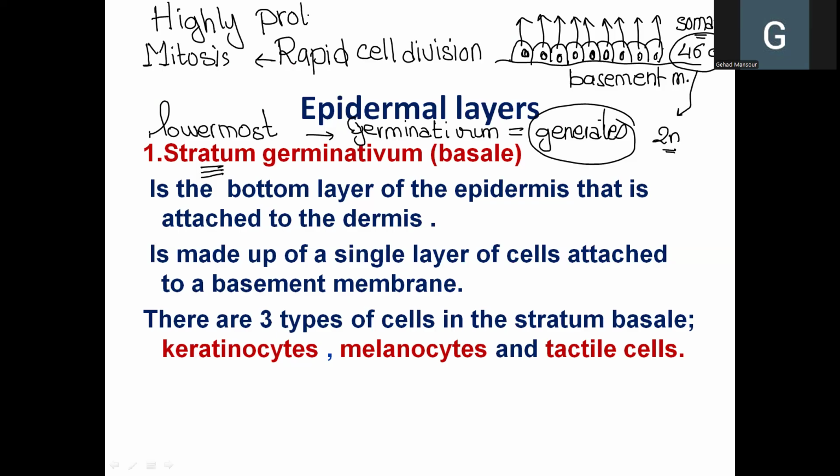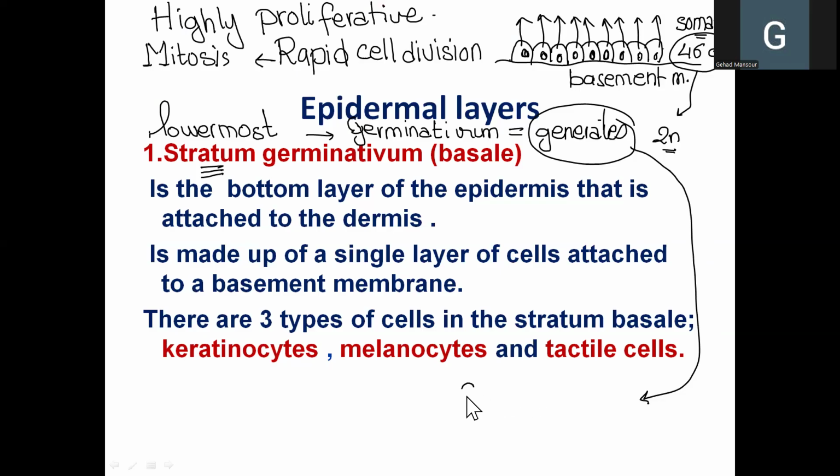Proliferation means cell division, and highly proliferative means that they have the ability to divide very rapidly. And this makes sense because since they are germinative or generative, they have to generate other cells rapidly.